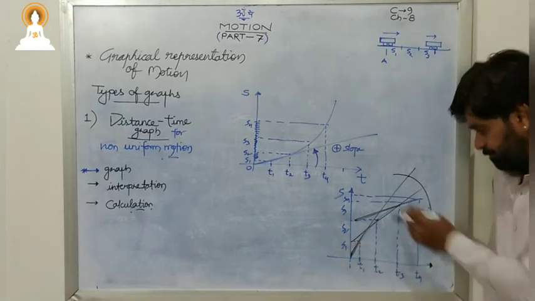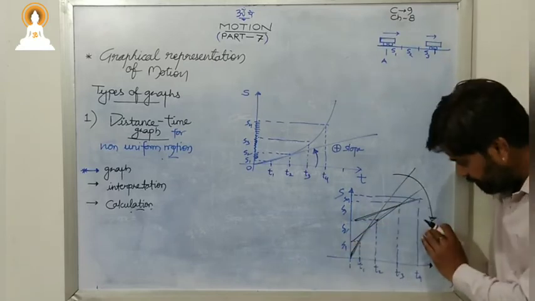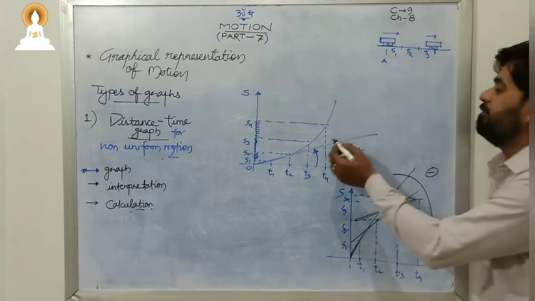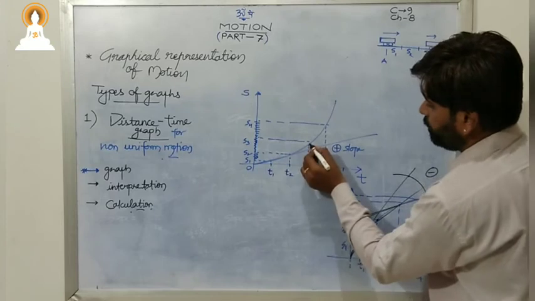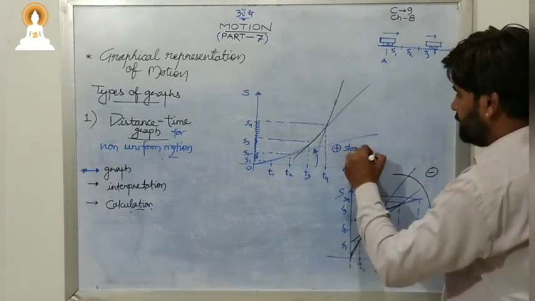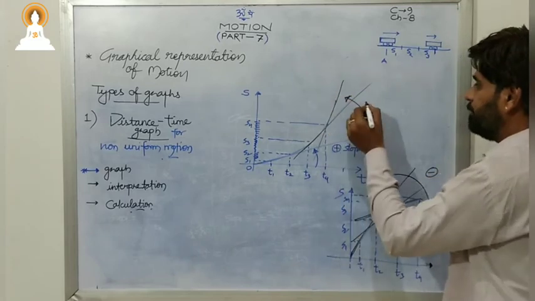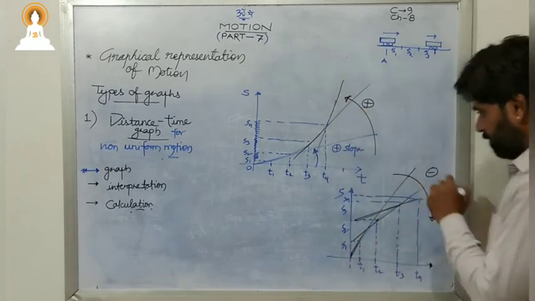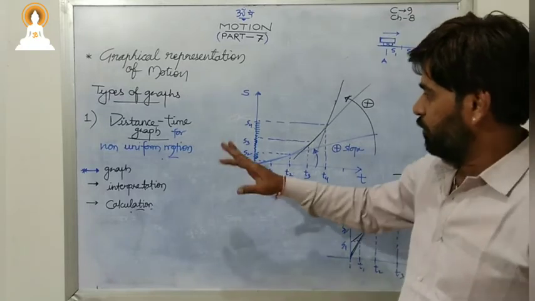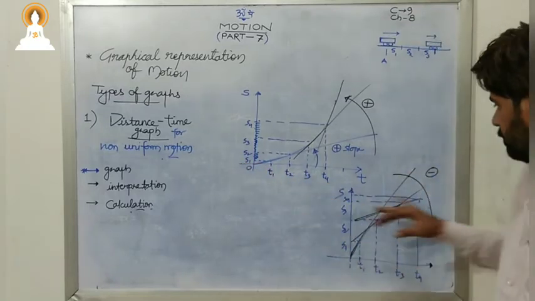So it is reducing. If it is reducing, it will have a negative slope. For this particular point, it is going to be positive, and for this one it is negative. So this was the distance-time graph for non-uniform motion.